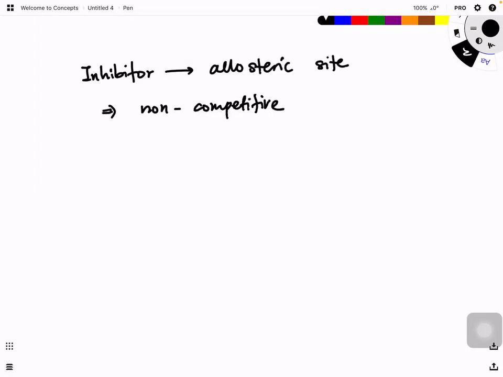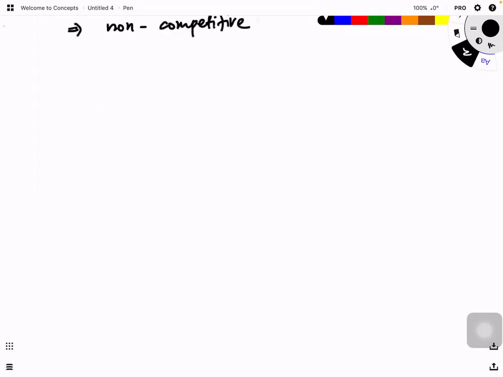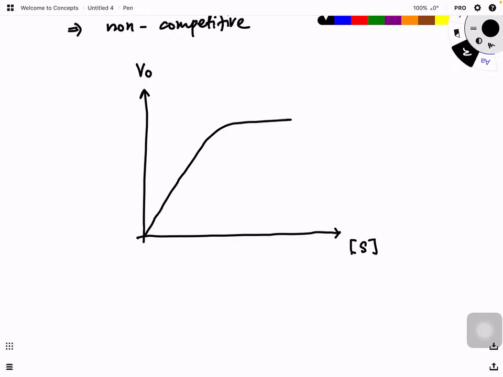If you plot the graph, this is the initial rate of reaction, and this is the substrate concentration. This is the graph without inhibitor.